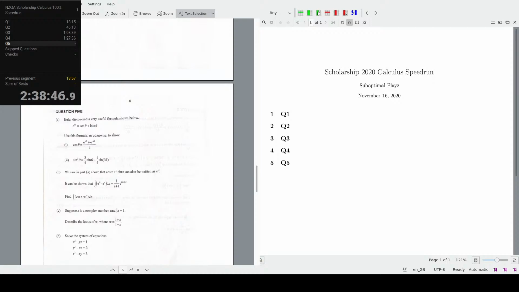I swear you can just bash it by subbing in. You just eliminate variables from the equations, right? Like you just go.